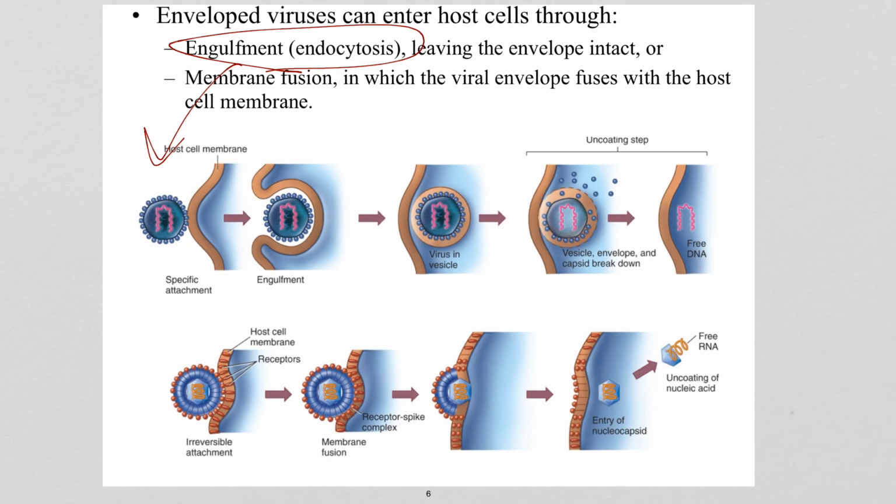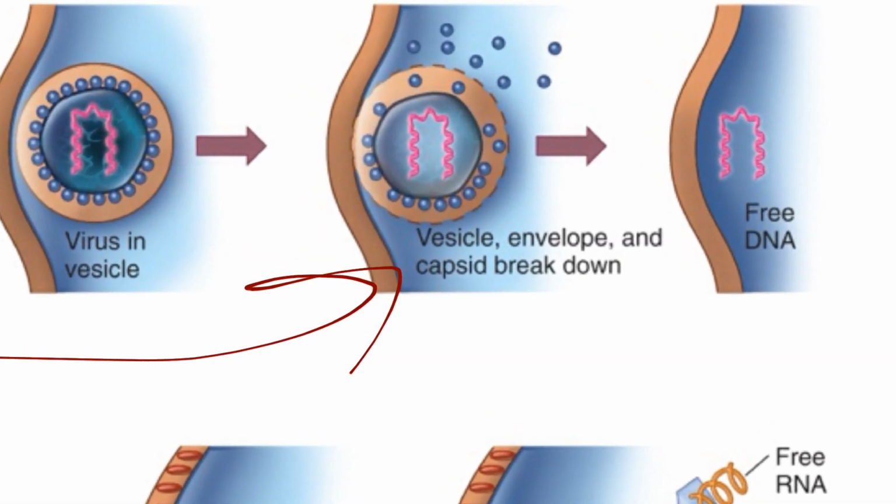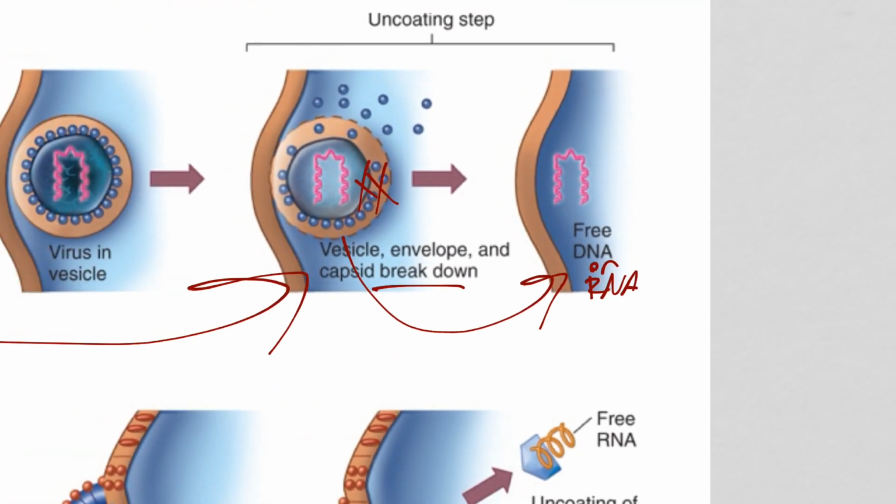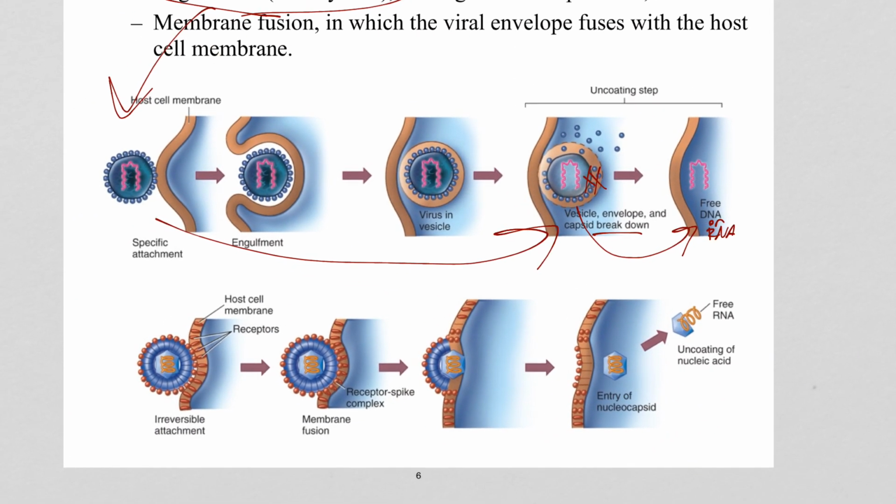And so if the virus can activate a receptor that triggers endocytosis in the host cell, right, it'll be taken in across the membrane. At some point, that membrane and the capsid have to be broken apart and break down to release the free DNA, or RNA if it's an RNA virus, so that DNA or RNA can start being read to replicate the virus.